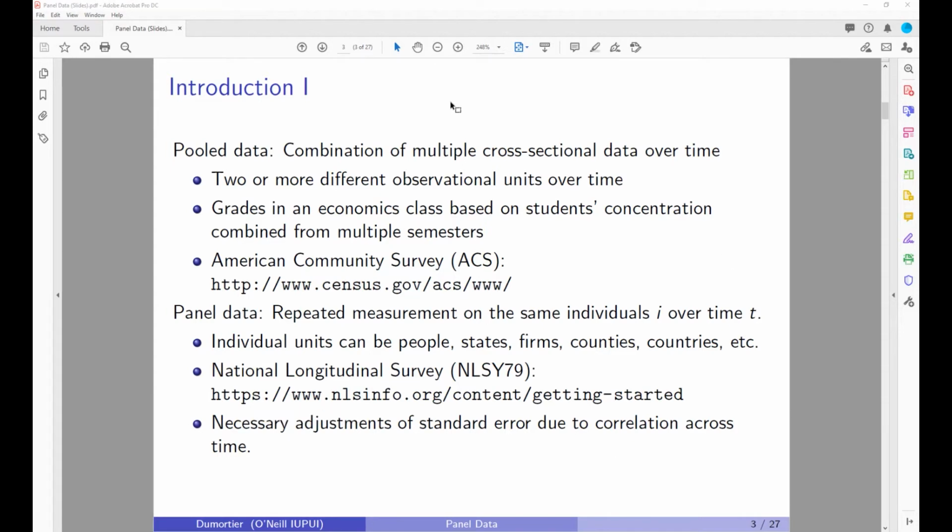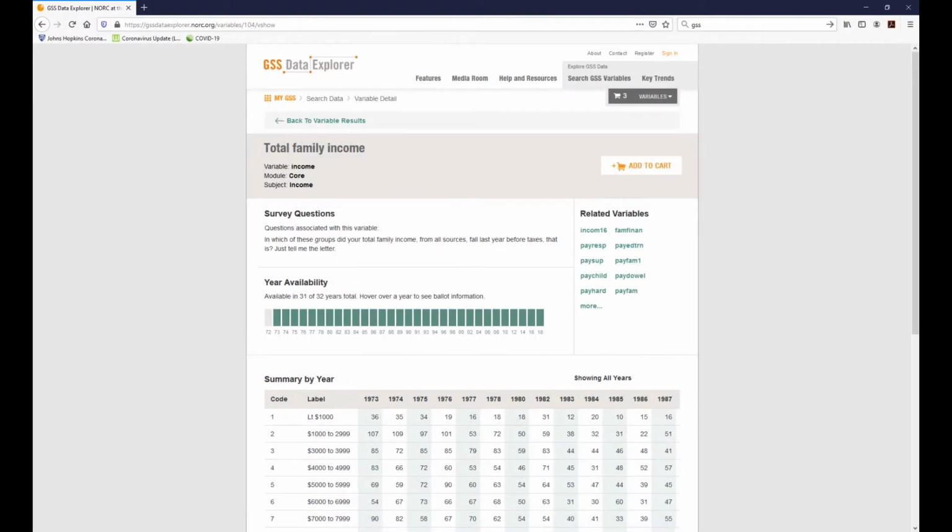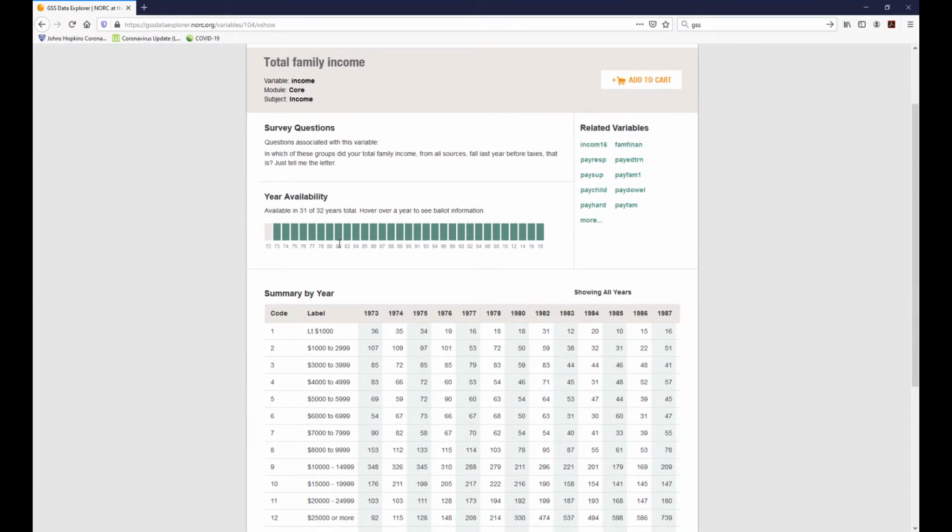And it always asks the same question. So, for example, if you go on the GSS webpage and you look at the question associated with total family income, you can see that this question of how much was your total family income was asked every year between 1973 and 2018.